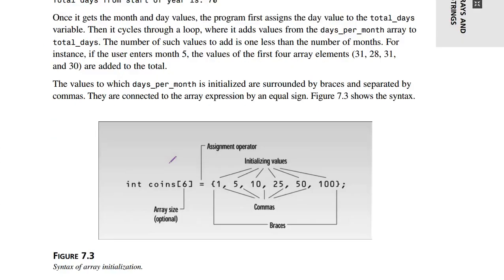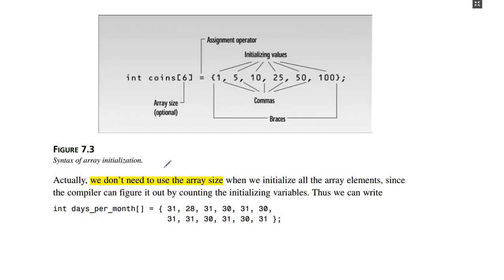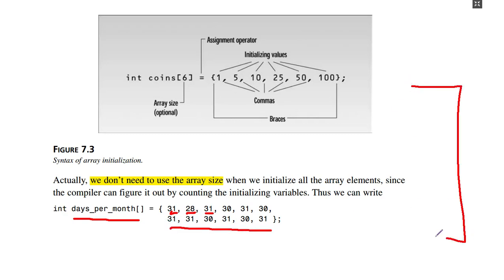You can say something like this: days per month, and then you just don't write anything in the brackets. You just say the first location is 31, the second location is 28, the next location we have 31. So the compiler would itself see there are 12 elements, so it would make an array of 12 elements, and the first element would be 31, the second would be 28, 31, 30, 31, 30, and so on.